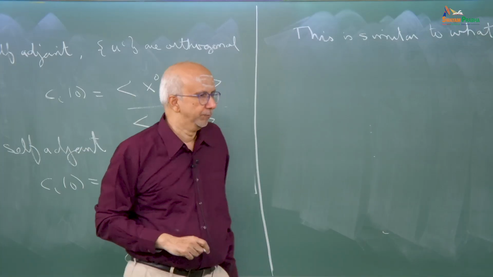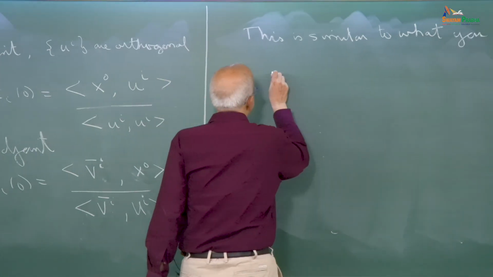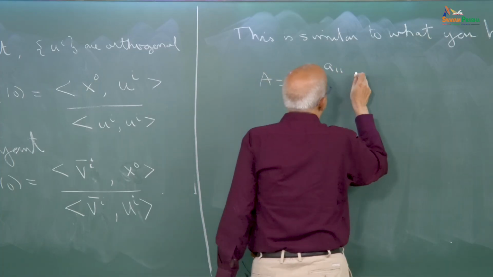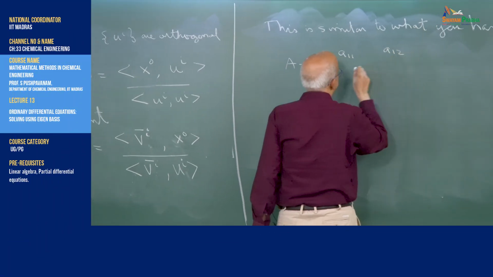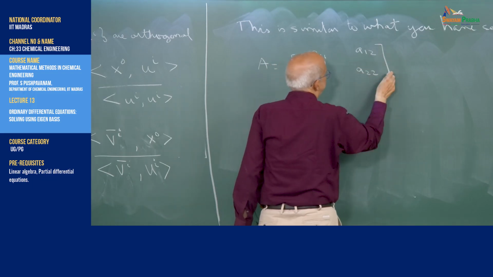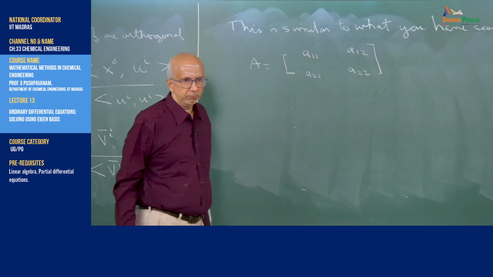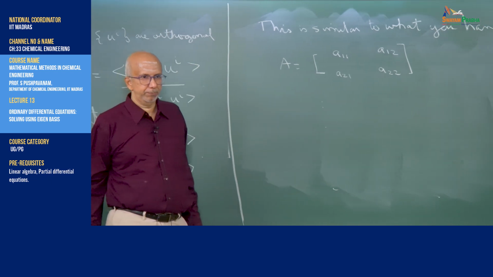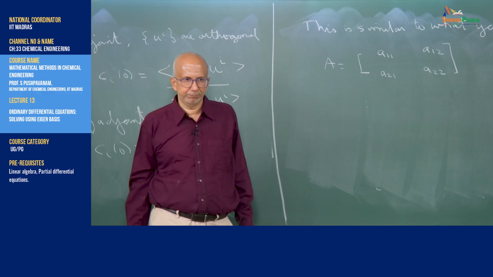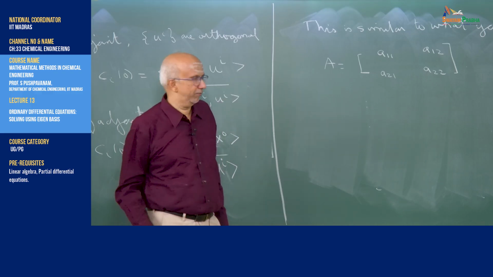So, if I have this matrix A, A11, A12, A21, A22, I want to find the eigenvalues of this matrix. How will you go about finding the eigenvalues of this matrix?